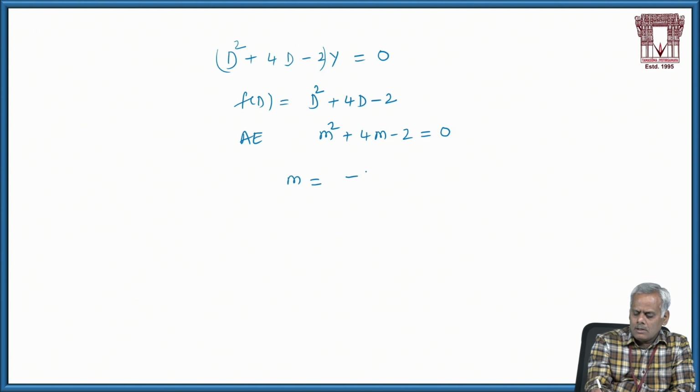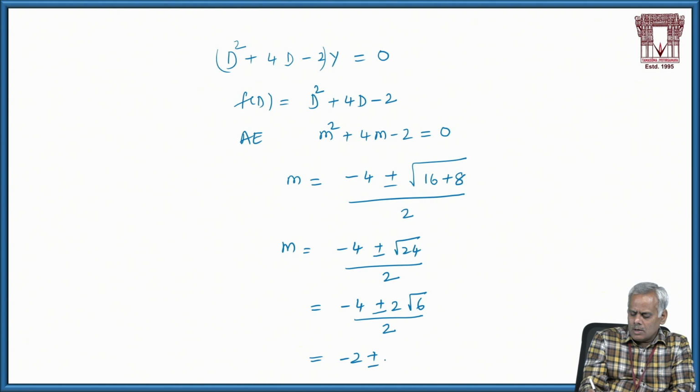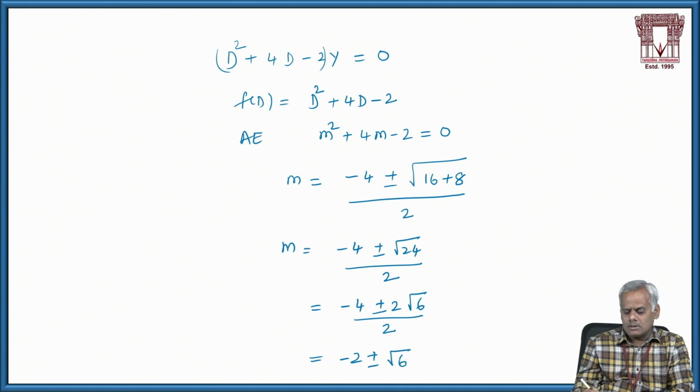Therefore, roots are (−b ± √(b² − 4ac)) / 2a. So m = (−4 ± √24) / 2, so (−4 ± 2√6) / 2, or −2 ± √6.